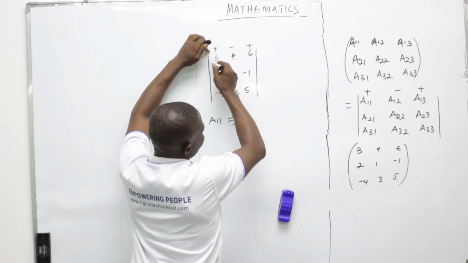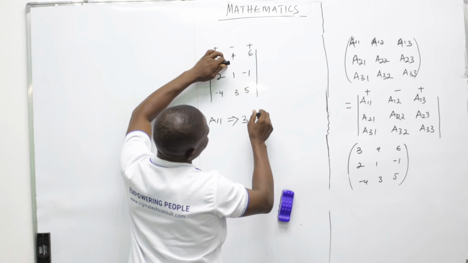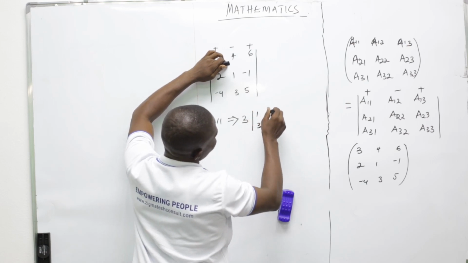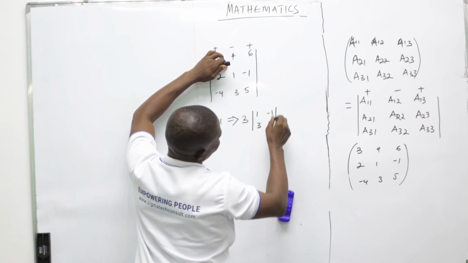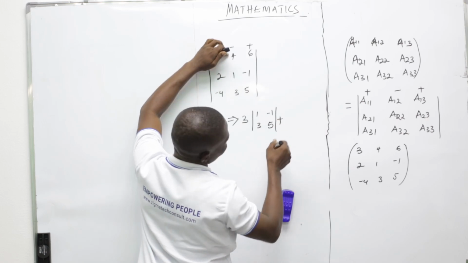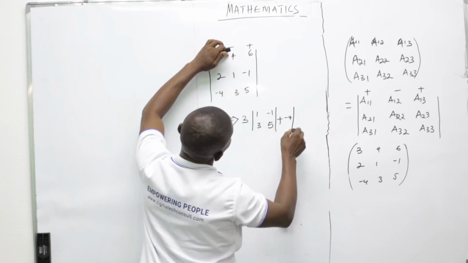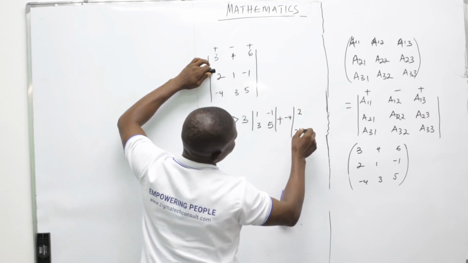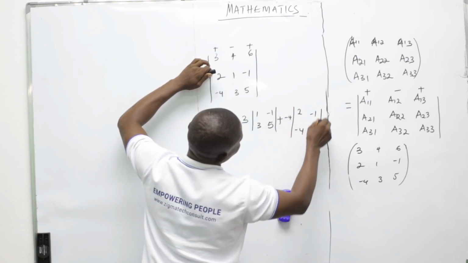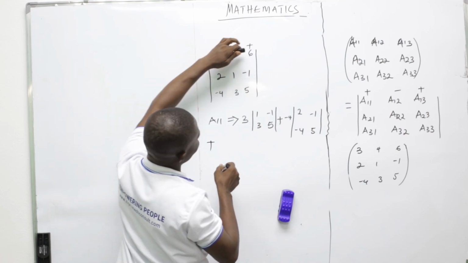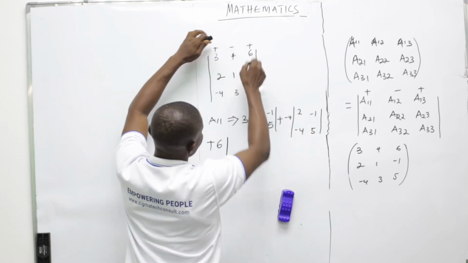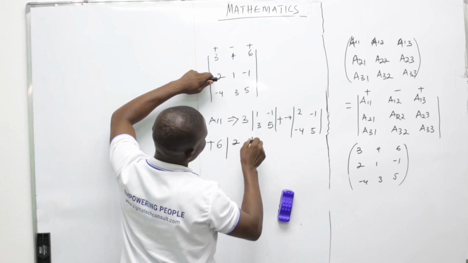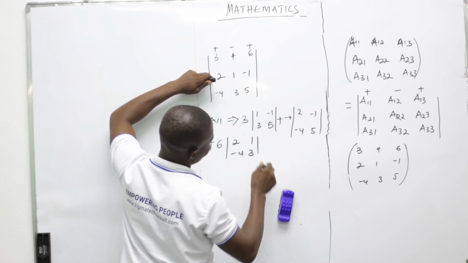Then you cancel out to give us 1, 3, minus 1, 5. Then plus the second number, which is minus 4, into, you roll it, 2, minus 1, 5. Then plus the last number, which is 6, into 2, 1, minus 4, 3.